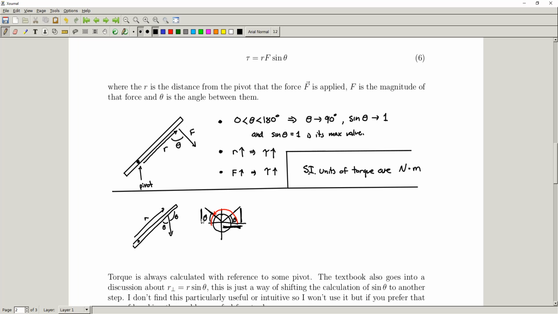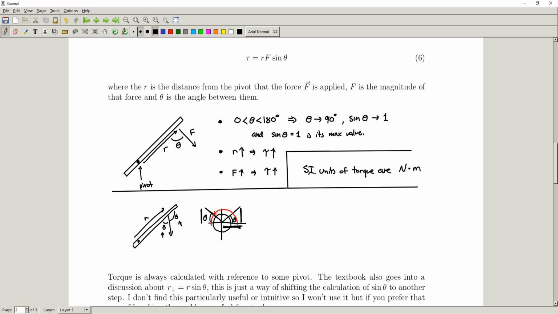So no matter whether we choose this value for theta or this value for theta, whichever angle this thing makes with our r, we're going to end up with the same value for sine theta. So in the end, it doesn't matter. Basically, all this is to say that this choice between two different thetas doesn't really matter.